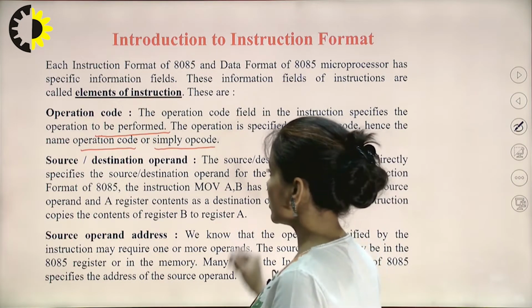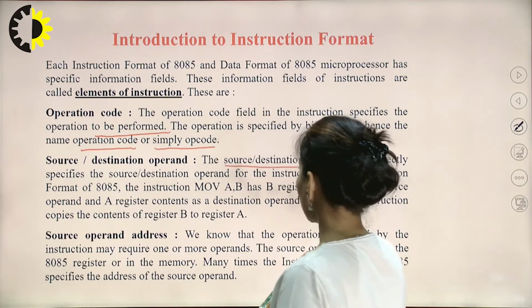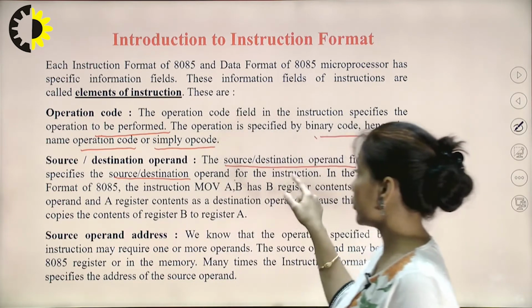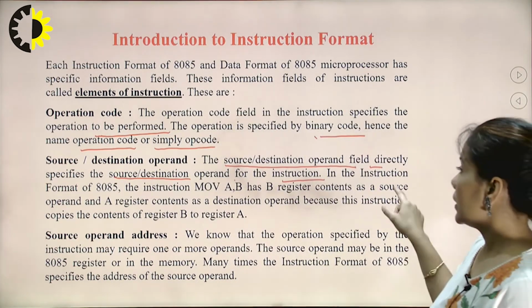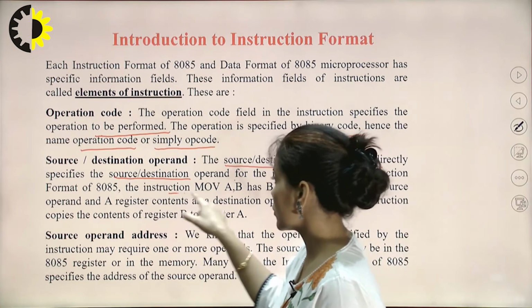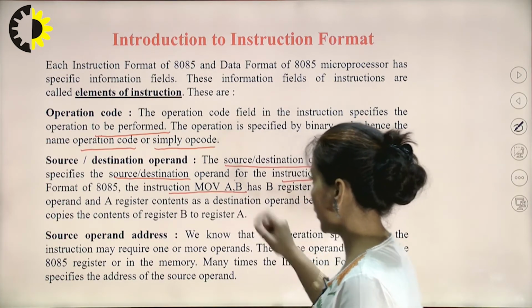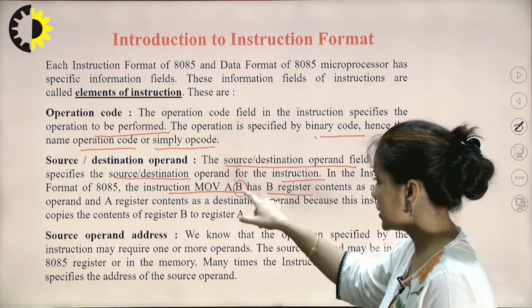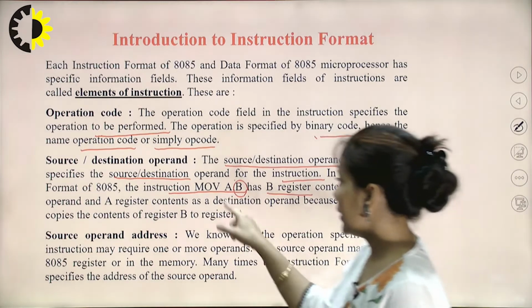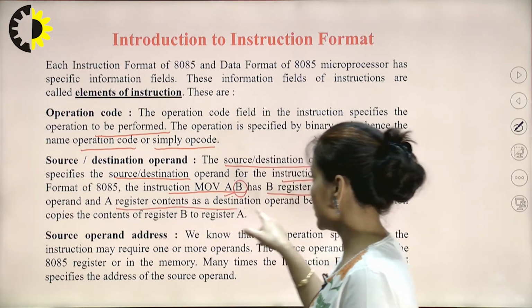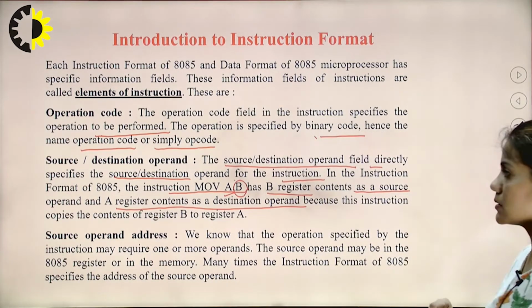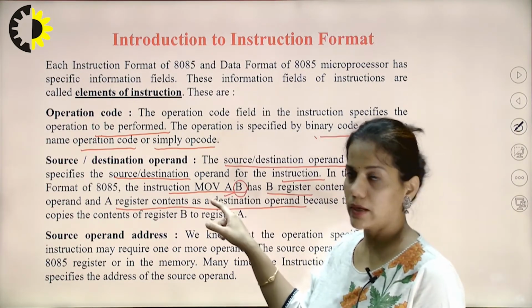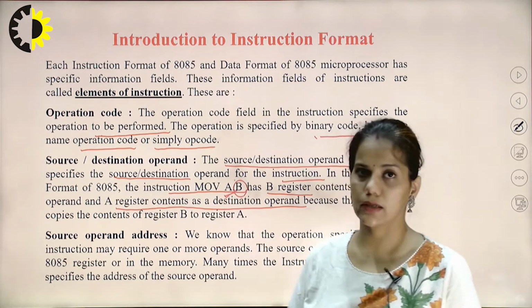The source or destination operand. The source or destination operand field directly specifies the source or destination operand for the instruction. In the instruction format of 8085, suppose the instruction is MOV A, B. It has B register contents as the source operand and A register contents as the destination operand, because this instruction copies the content of B into the accumulator, that is the A register.